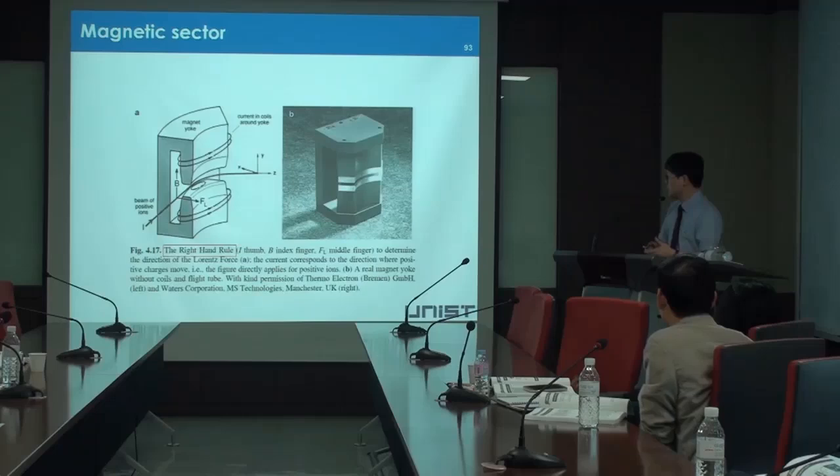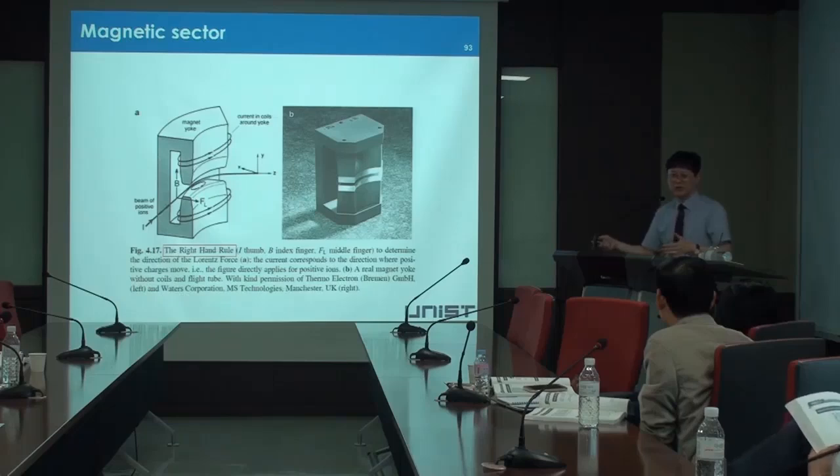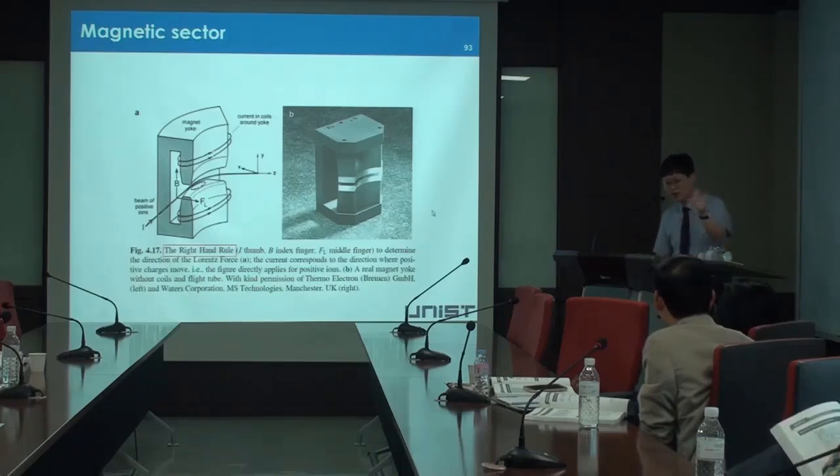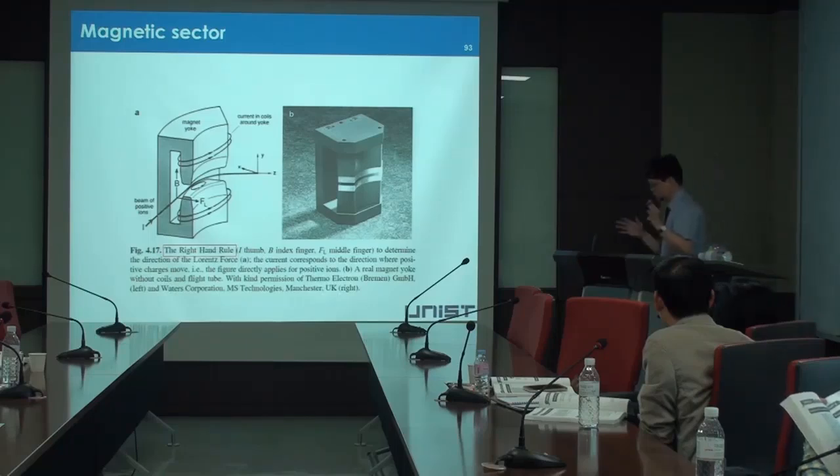This is a magnet for the MS. You can see B and I, F values in the right hand side. Probably in middle school you didn't remember, but sometimes the left hand rule or right hand rule. So this is the right hand rule: thumb, B index finger, F the force and the magnetic field. So this is about the concept.